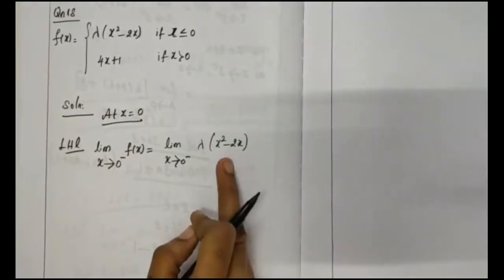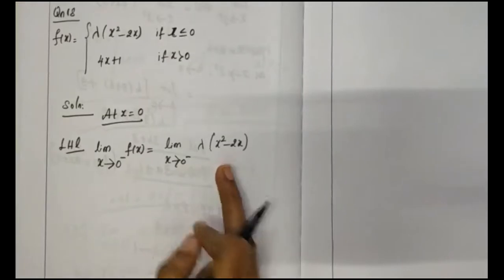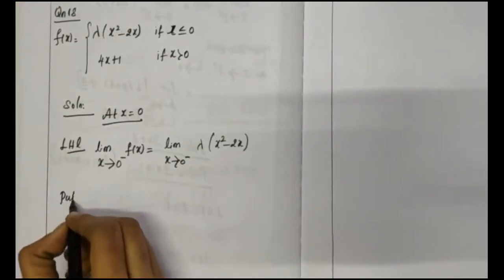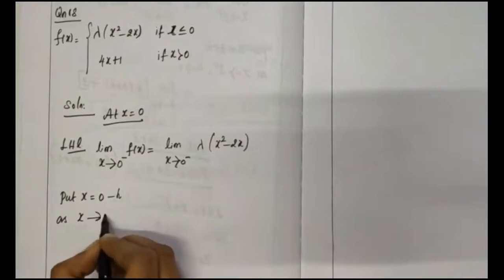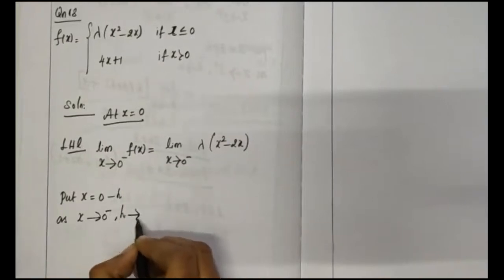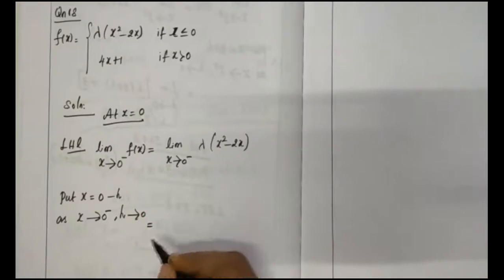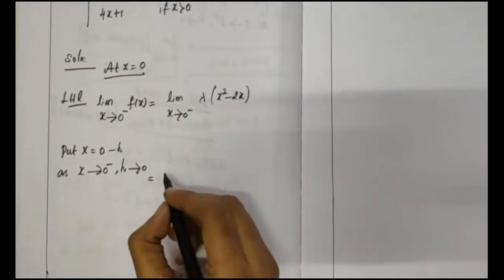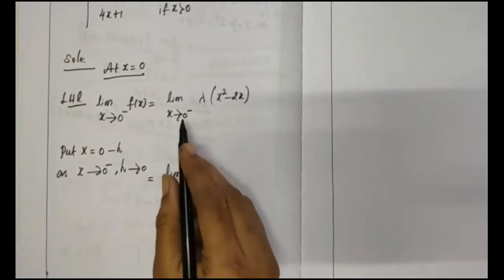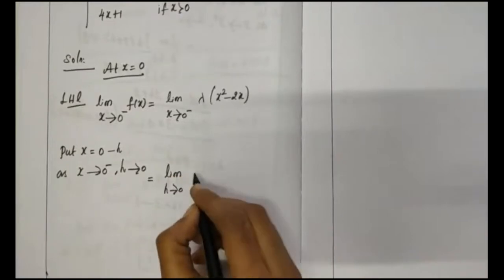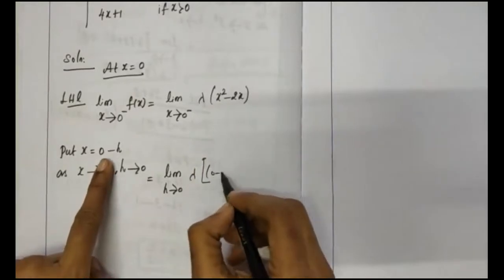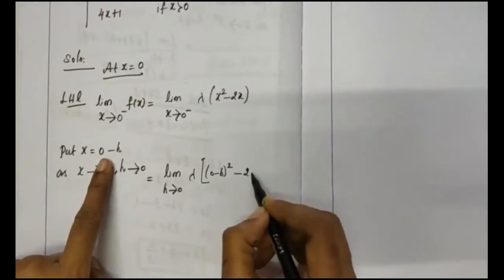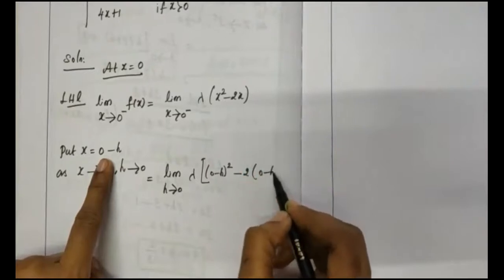Put x is equal to 0 minus h, as x tends to 0 minus, h tends to 0. This is equal to limit h tends to 0 of lambda into (0 minus h) the whole square minus 2 into (0 minus h).